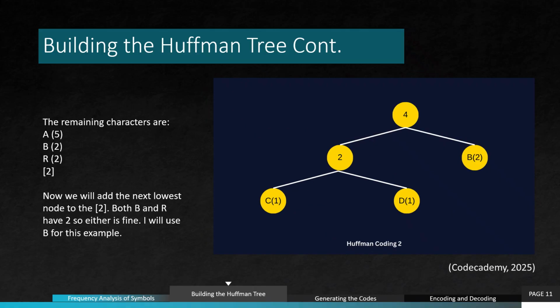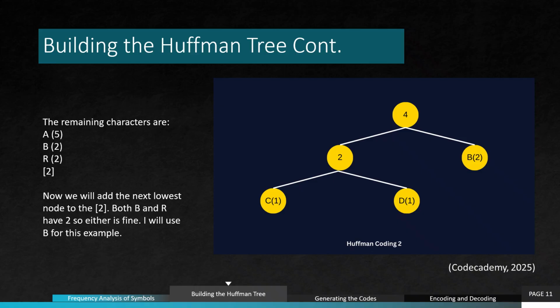Continuing on with the tree, we take the characters we have remaining, which is A5, B2, R2, and the 2 that we got from adding C and D together. From here, we'll go to the next lowest node.